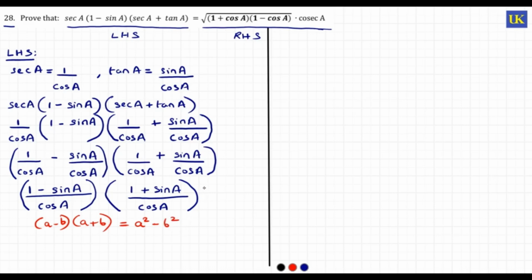So this formula will be applied here in the numerator. So I can write 1 square minus sin square A, and in the denominator, cos A into cos A will become cos square A.